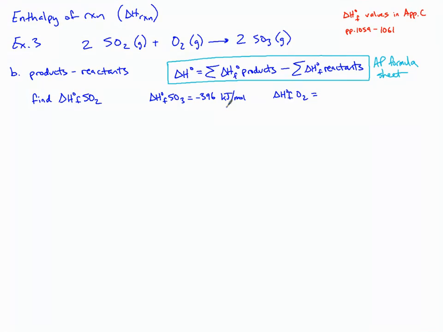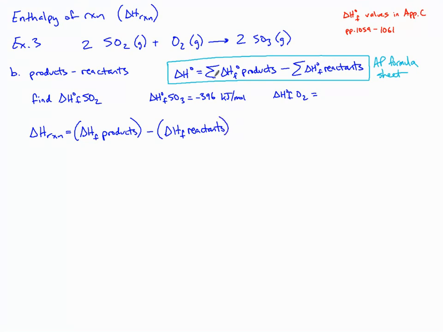So let's just start with a formula and try to make sense of what's going on. Delta H of reaction equals the sum of delta HF of the products, minus all of the delta HFs of the reactants.